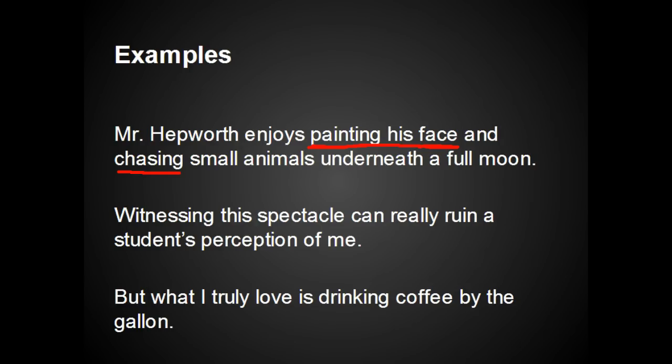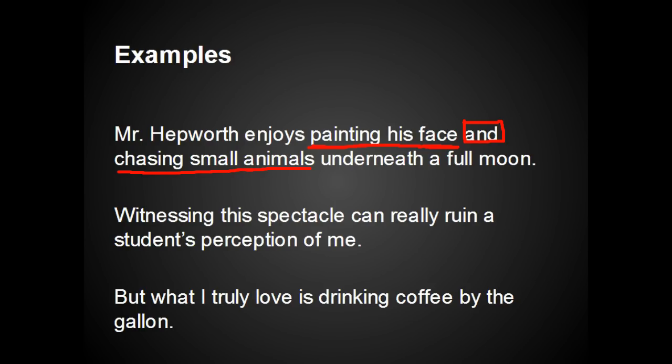Now, we have multiple gerunds because we have here our conjunction and is going to connect two gerund phrases. The other one looks like this. Chasing small animals underneath a full moon. So, first we figure out what the object is. We ask ourselves, what's the thing being chased? The answer is animals. But now we also have to include modifiers. The easy one to figure out is small, because small describes animals.